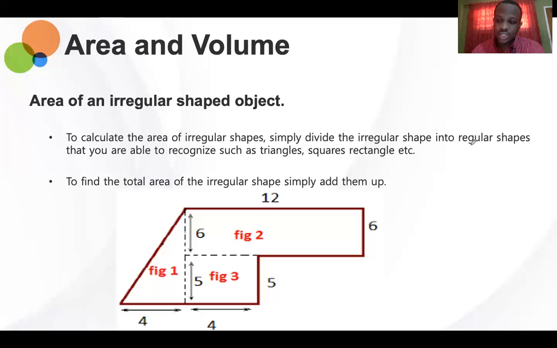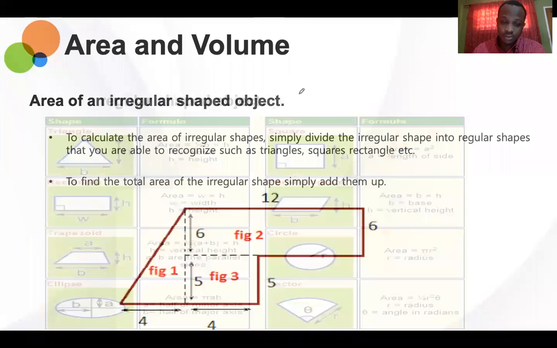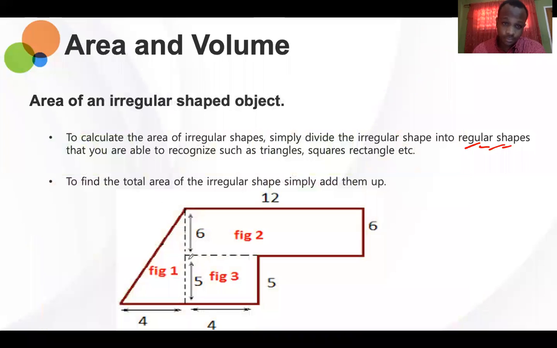Regular shapes meaning our triangle, rectangle, square, parallelogram and circle. If we can divide them, then we'll be able to find the area of the irregular shaped object.